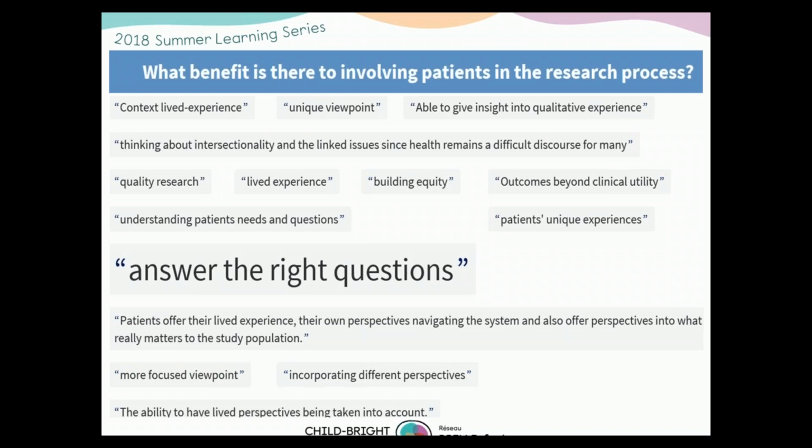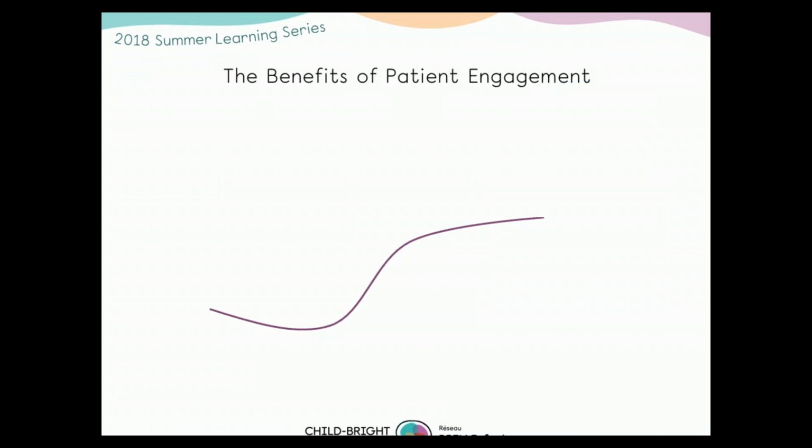With the group that we had last time, there certainly was consensus that there is some inherent utility to involving patient partners in the research process. Here we will broadly consider a few of the benefits of patient engagement and showcase a tangible example of how incorporating the patient perspective has benefited research outputs.